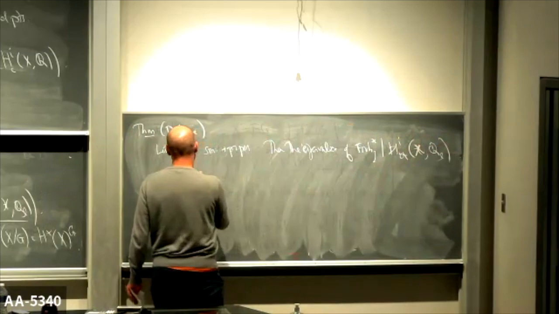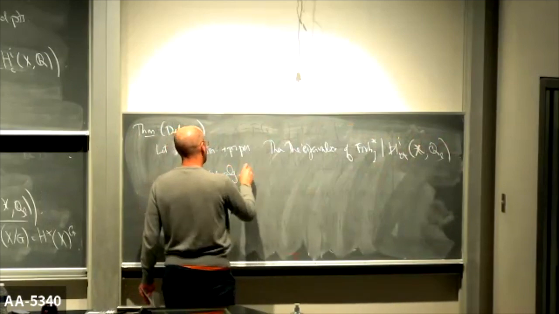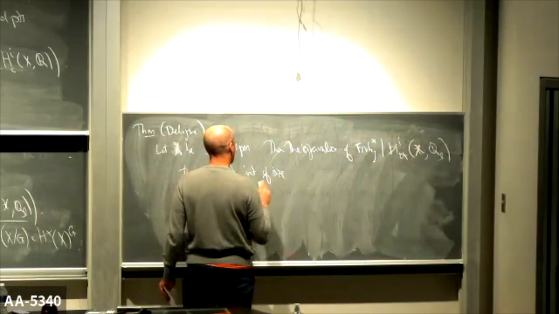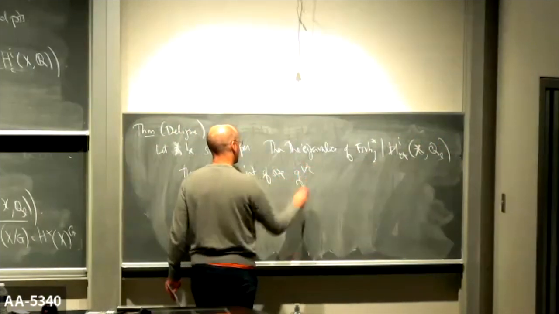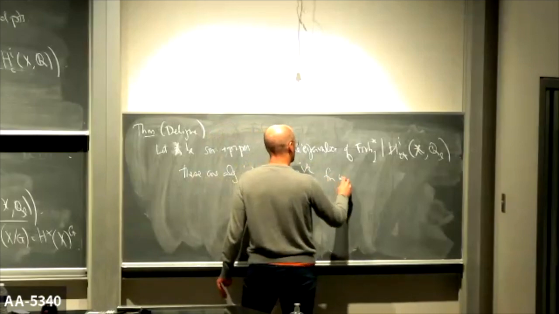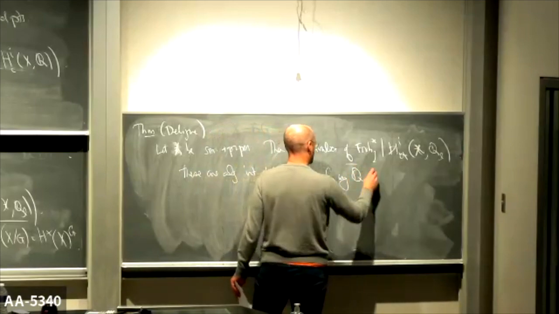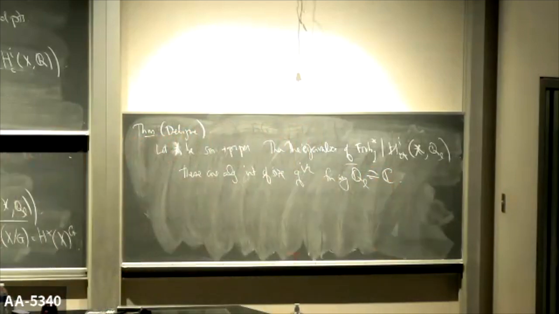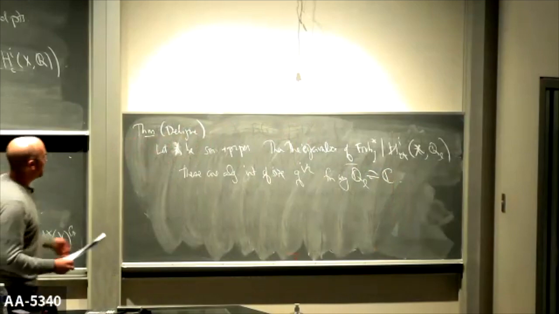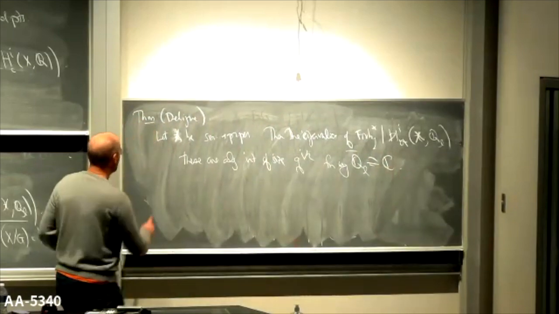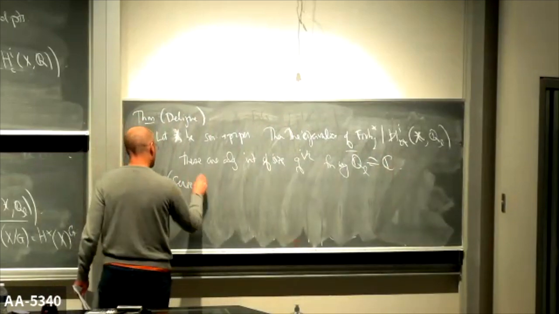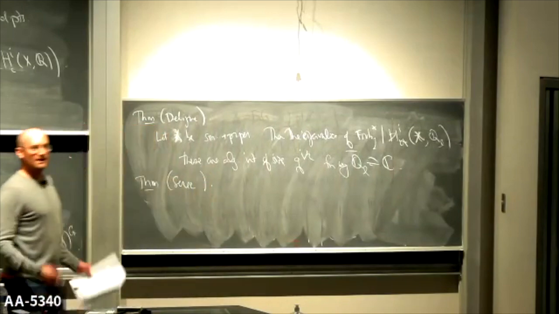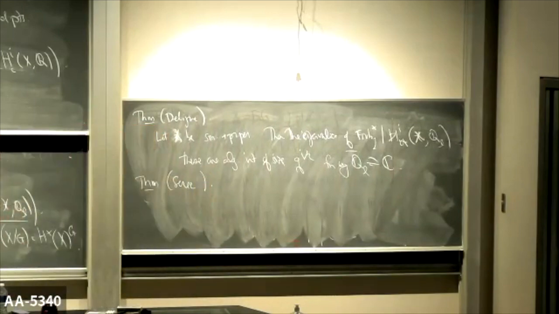These are algebraic integers of size q^(i/2), for any embedding, for any identification of Q_l-bar with the complex numbers. So this is Deligne's proof of the Riemann hypothesis. And again, this is a statement that's really just saying that Frobenius is acting like an endomorphism of a nice orientable manifold.